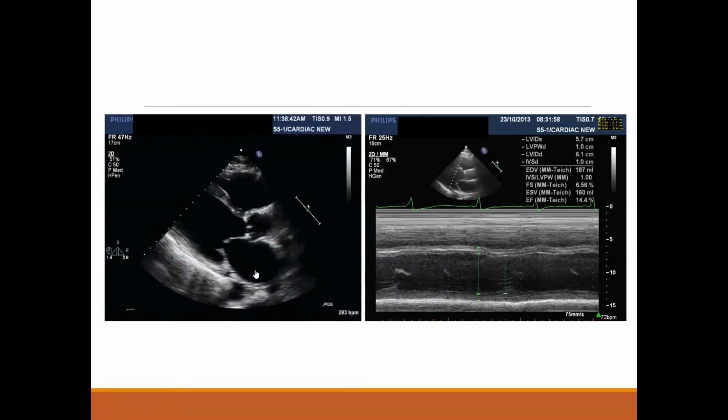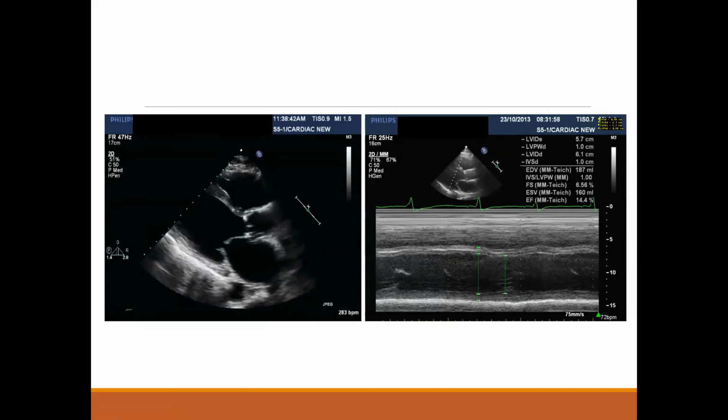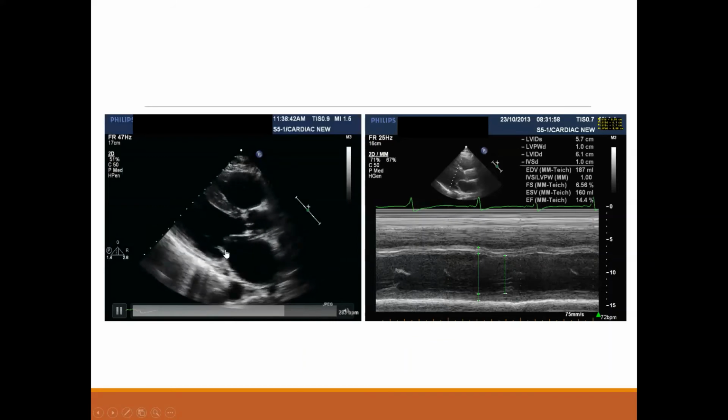I like this malcoaptation description because the valve is clearly malcoapting. So this is called an effaced valve, effaced. And the second degree after effacement is the coaptation gap. So there is no coaptation gap yet here.